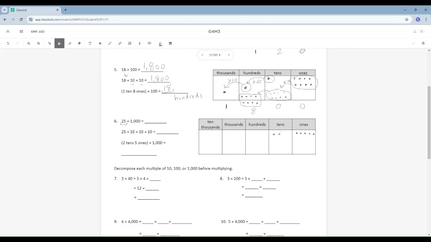So I'll start with my tens. 1, 2, 3 jumps lands them all the way over here. And every time I do that, remember I'm multiplying by 10. And I'll do that down here with my ones as well. So 1, 2, 3 lands them here.